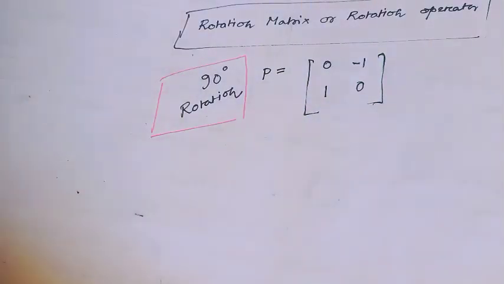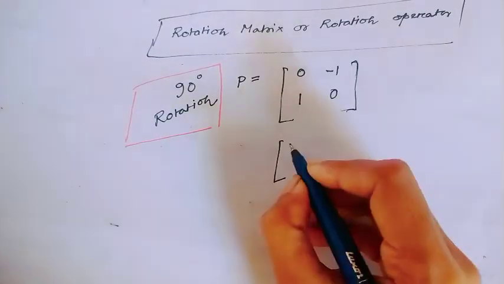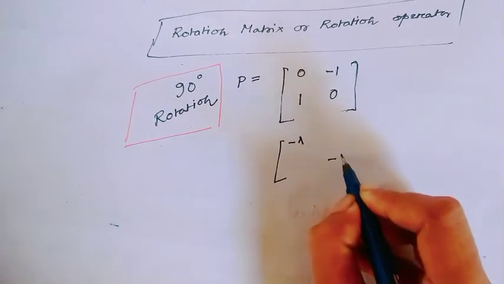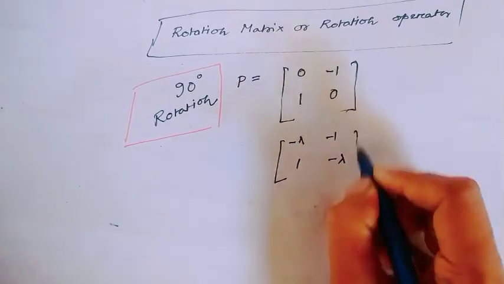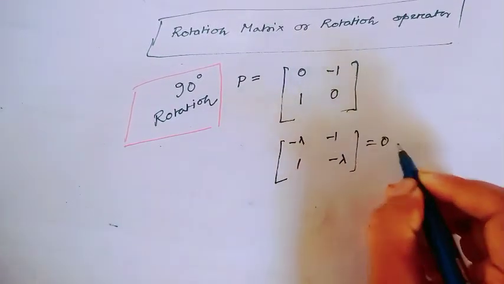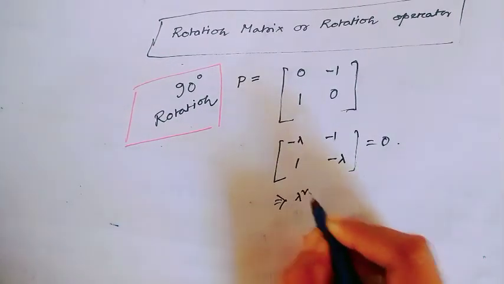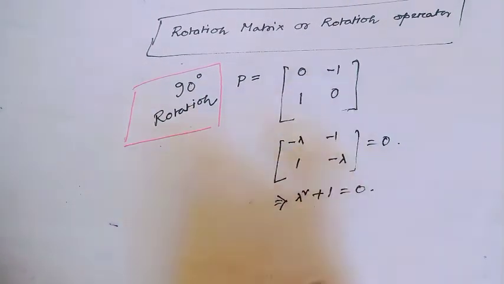Now I will see what is the eigenvalue and eigenvector of this matrix. Here the characteristic polynomial is of this type: minus lambda, minus 1, 1, and this is equal to 0. That means obviously lambda square plus 1 equals 0.